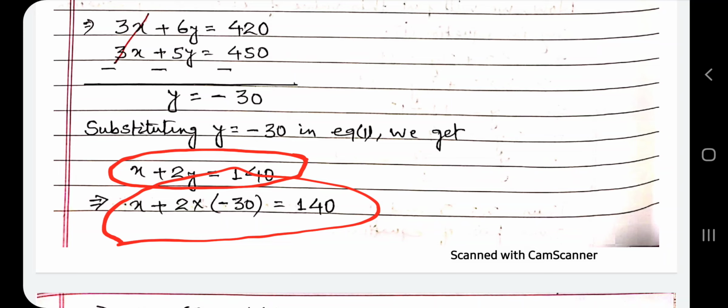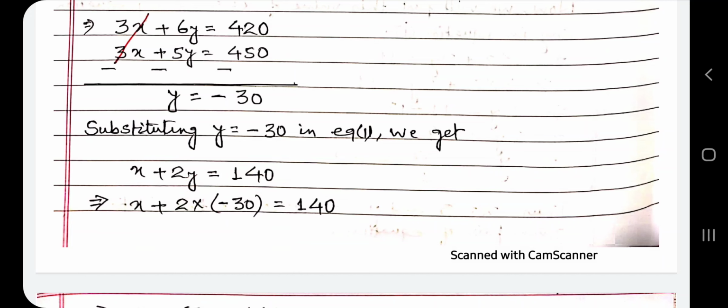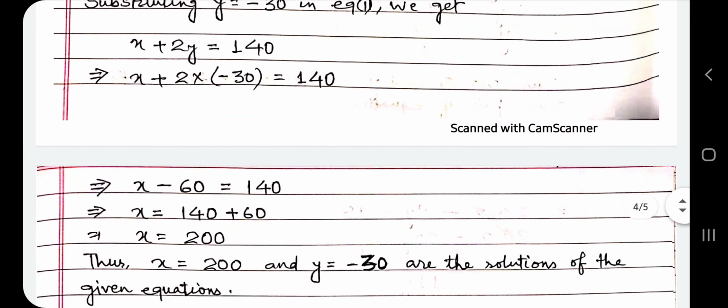After simplifying, we get x - 60, because 2 into -30 is -60. So x - 60 = 140, and x will be equal to 140 + 60, because when a term is taken from the left side to the right side, the sign also changes.